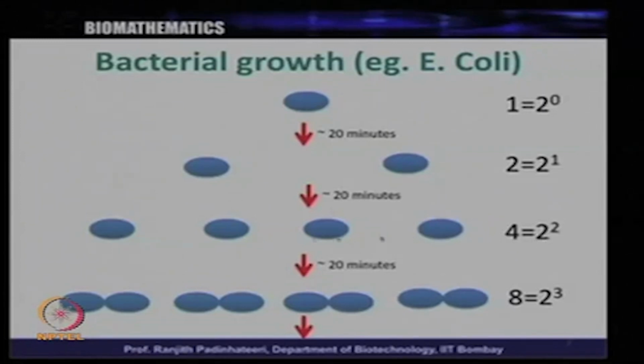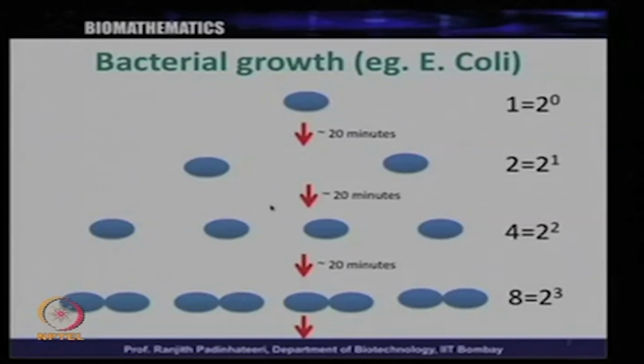In the third generation, you have 2 power 3 number of bacteria: this will divide into 2, this will divide into 2, this will divide into 2, this will divide into 2. So, you have a total of 8 bacteria, 8 E. coli, which is 2 power 3 equal to 8.